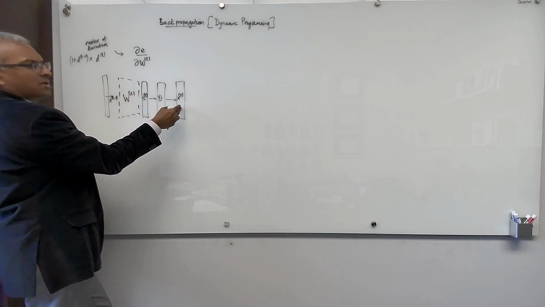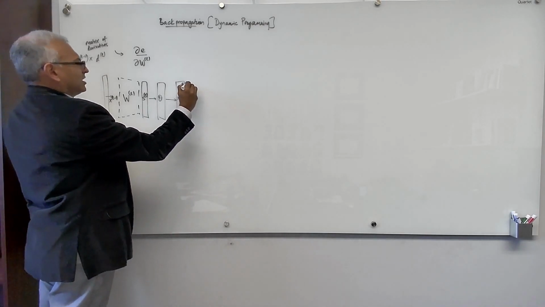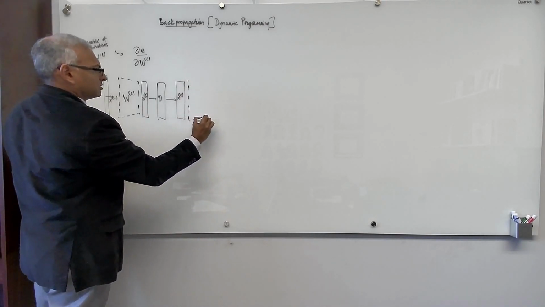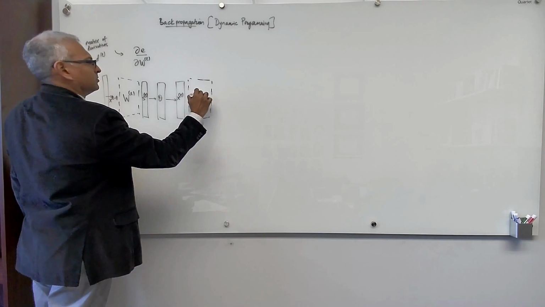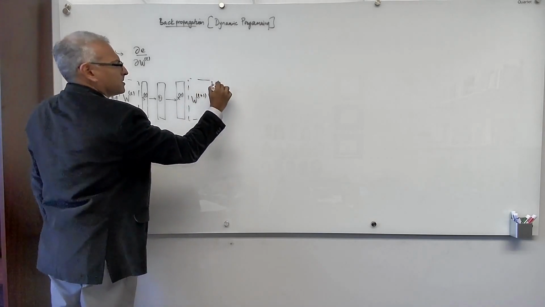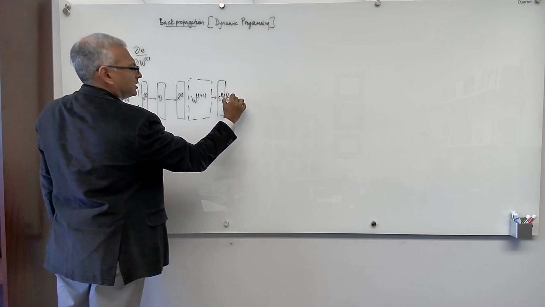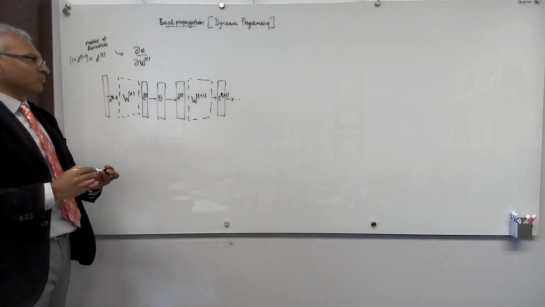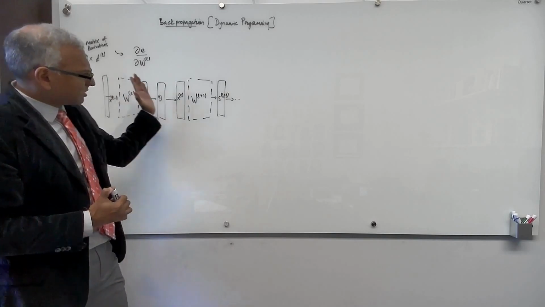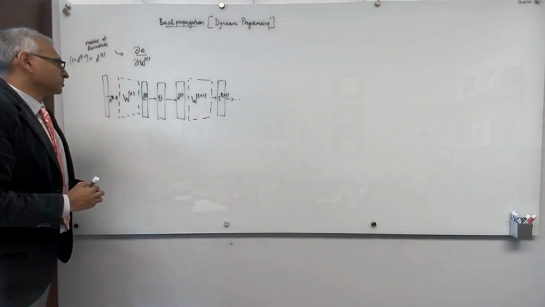Then you transform, you get the output signal, and then you'll have another weight matrix WL plus 1 to compute the signal SL plus 1, and so on. That's the picture of what's going on when we're running the neural network to compute the output.